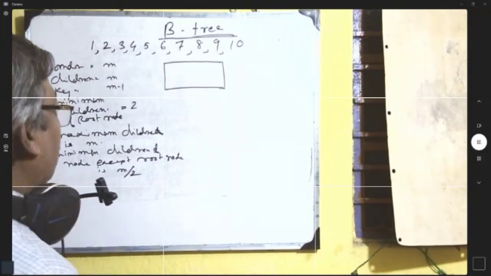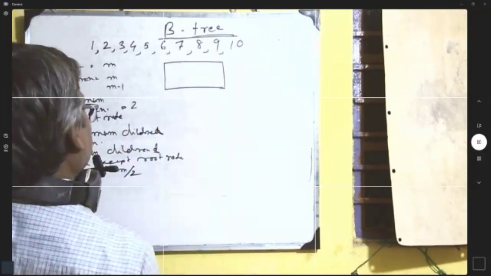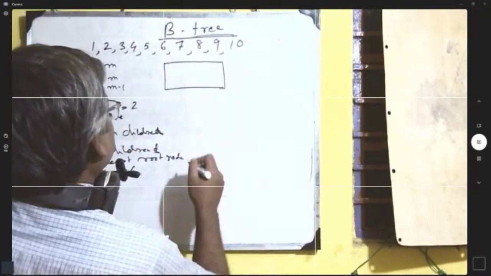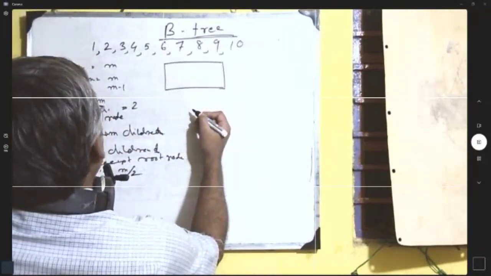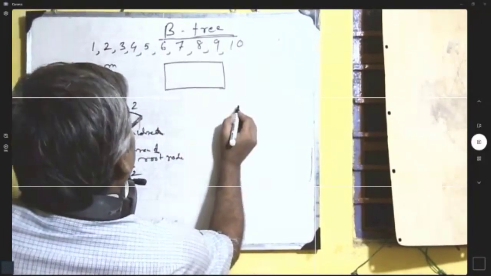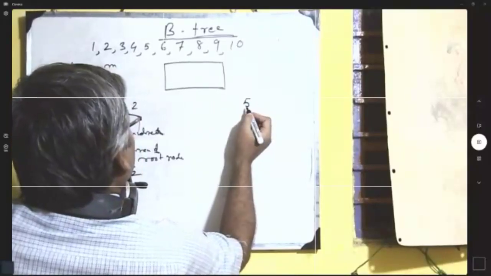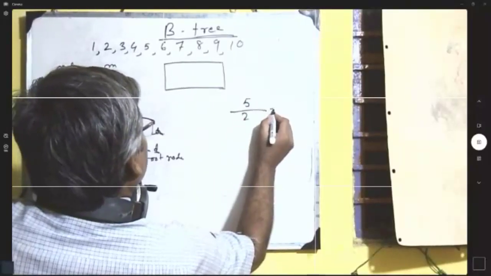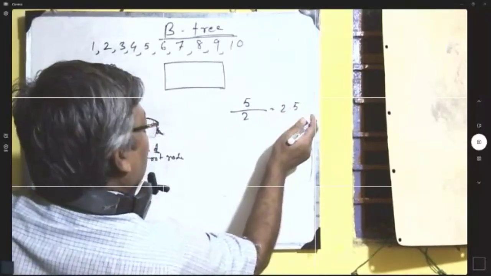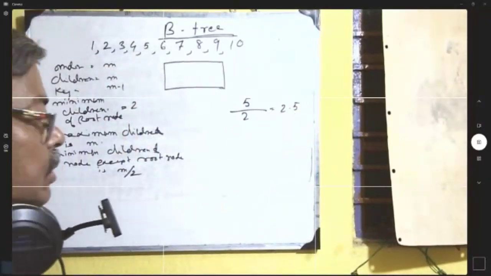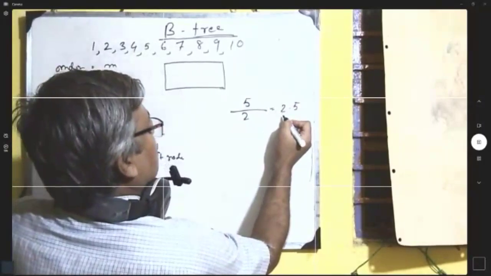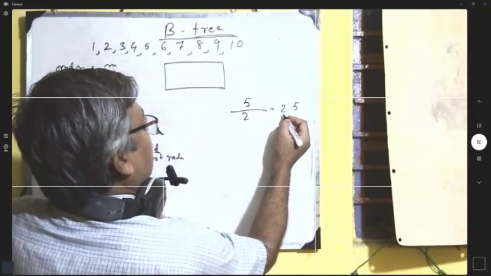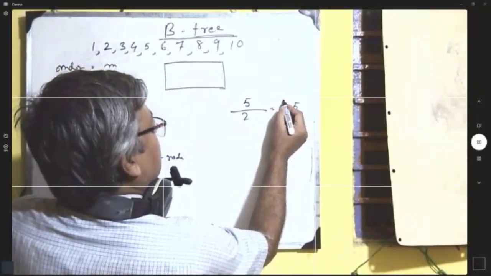But if the order is m and maximum children is m, minimum children is m by 2. If order is 5, then 5 by 2 is 2.5. What value we have to take? We have to take the ceiling value, not the floor value.